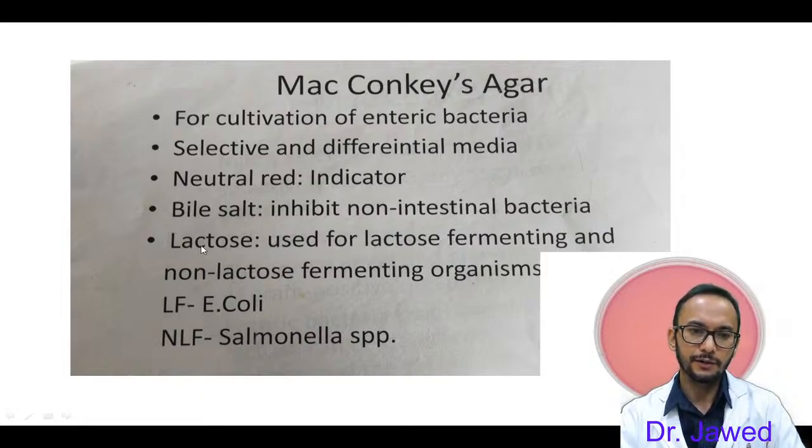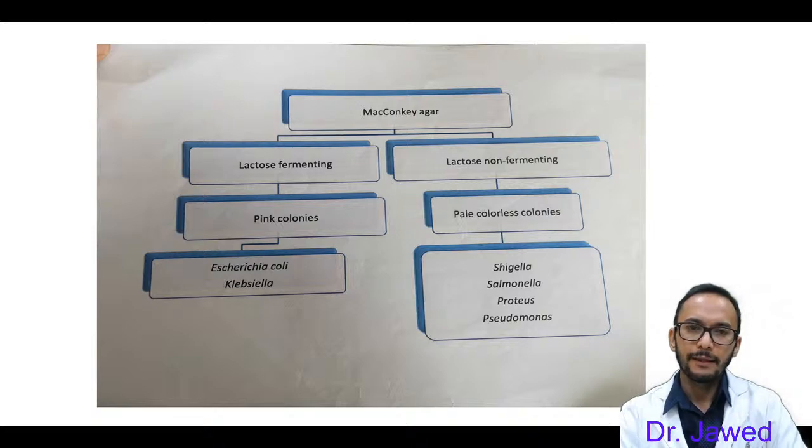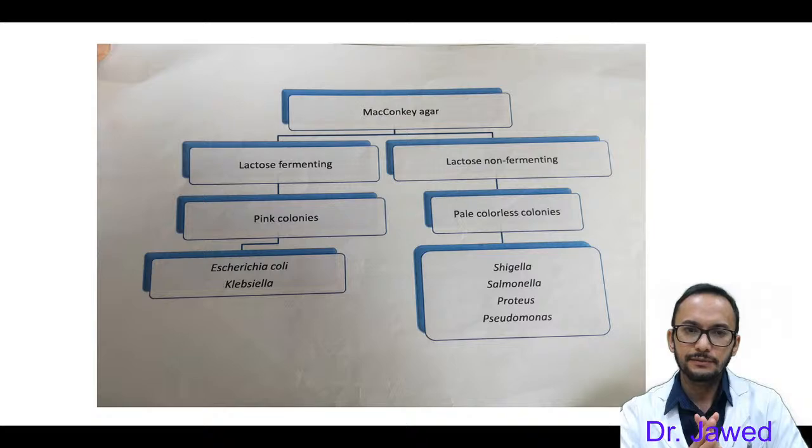And we also add lactose. So the lactose fermenting organisms will appear as pink colonies. Why? Because after fermentation of lactose, there will be production of acid which will change the pH.